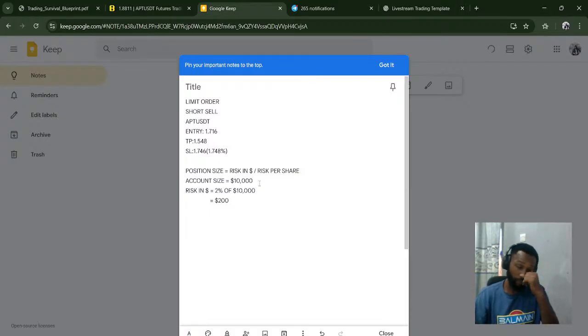All right. So what's the next thing? The formula is risk in dollars over risk per share. And the risk per share is the entry price minus the stop loss price. So we go and calculate that.